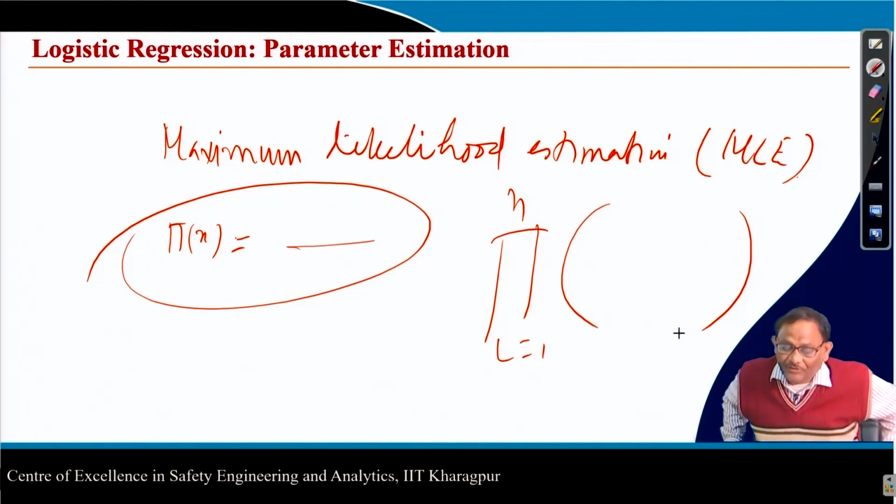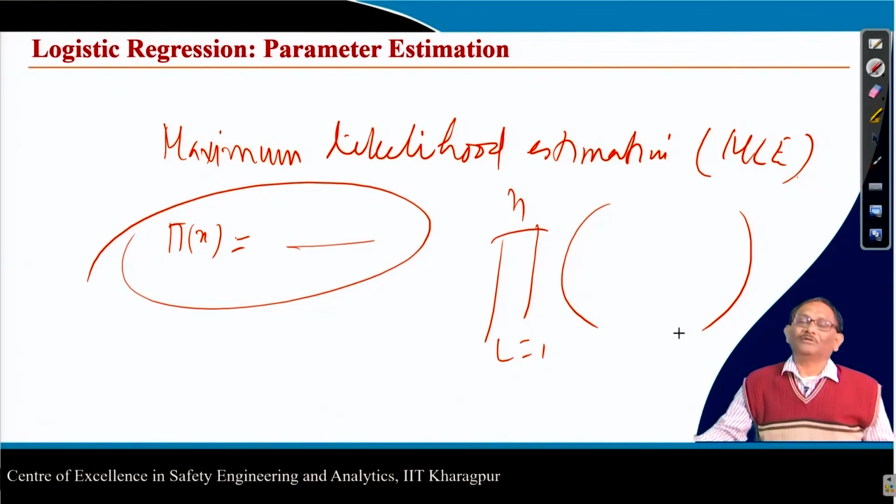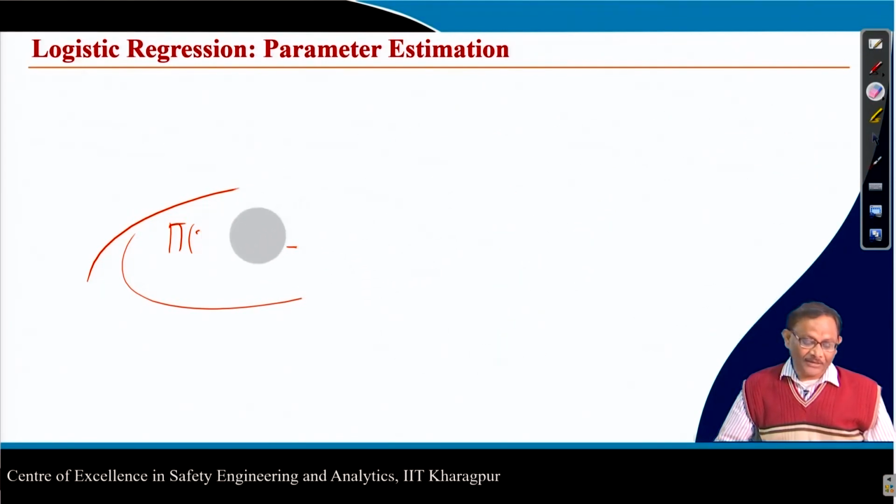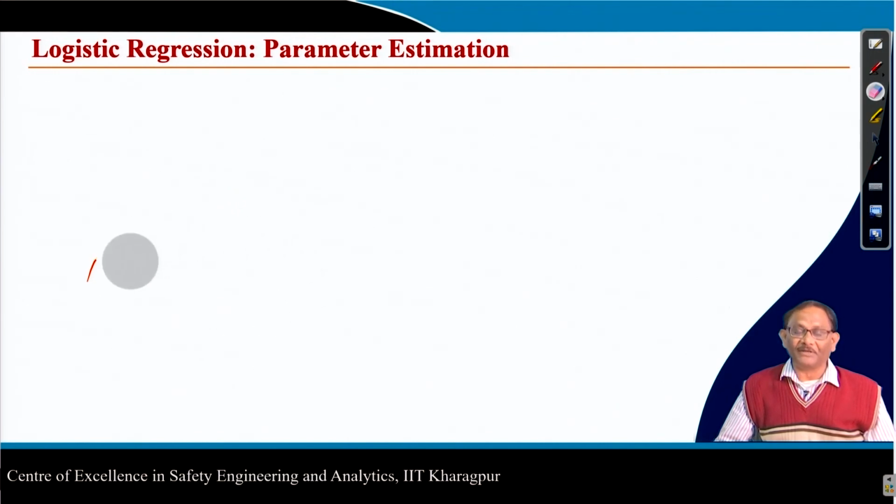But here you will not get a closed form solution. You will get some kind of equations which cannot be solved just like the way we do in algebra. Suppose if I know a equals b plus c by 2 or something like this, no, it is not that simple. You have to use some kind of numerical methods like the Newton-Raphson optimization method, and using this you will be able to estimate the parameters.